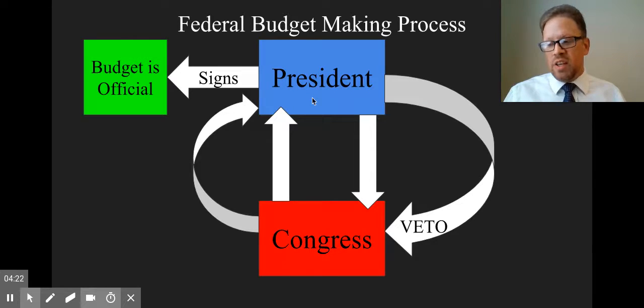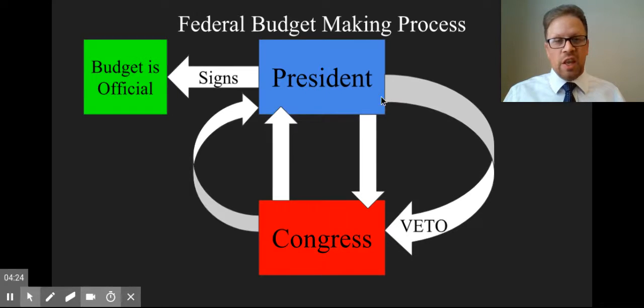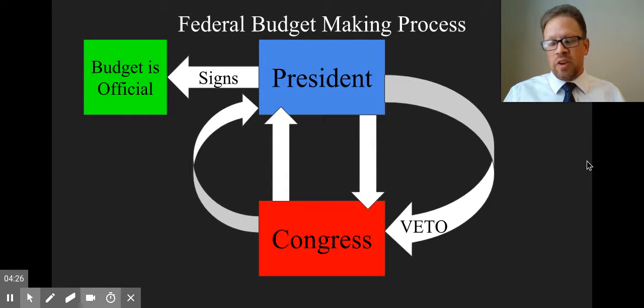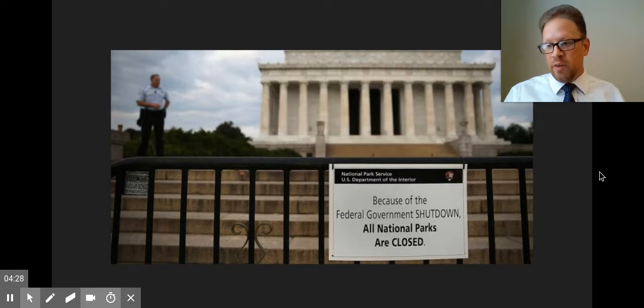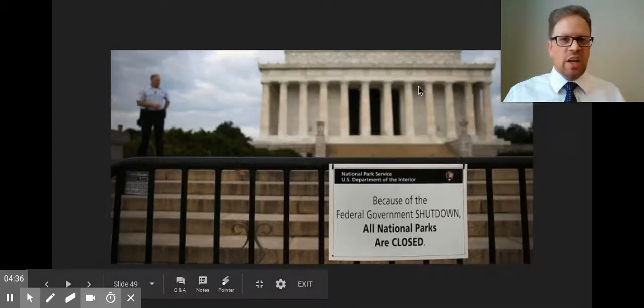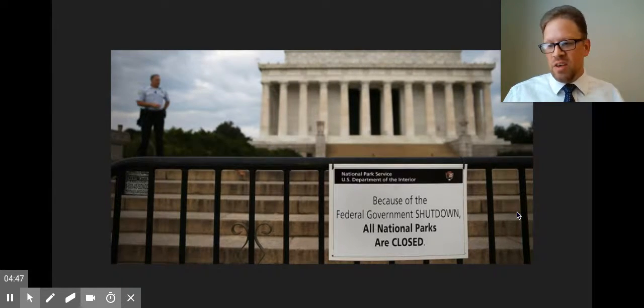Now, if the budget is not approved prior to the beginning of the new fiscal year, then the government actually shuts down until the President and Congress can actually agree on a budget. So if you ever went to D.C. and they had a government shutdown at the time, you would quickly realize that you can't actually go and see any of the things you want to see because the federal government closed down. You can't do any of the things that actually belong to the federal government.